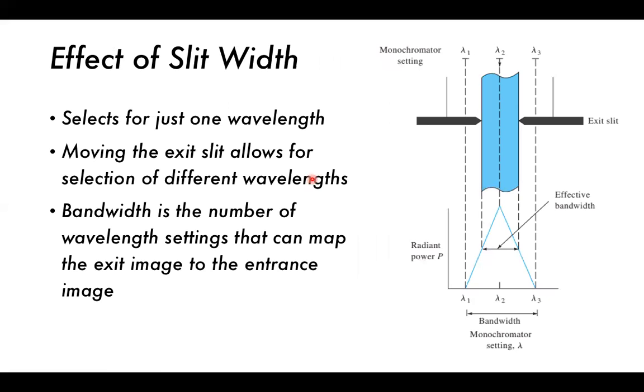The slit width can have a big effect on the detector and how it detects the light. The slit width can be changed to be more narrow or wider. The wider it is, the more light you will get exiting the monochromator.